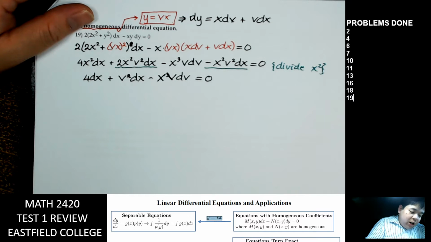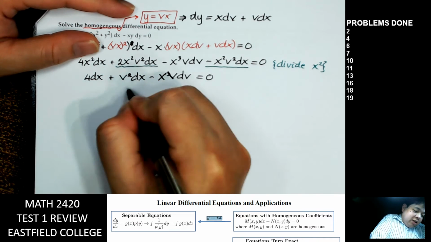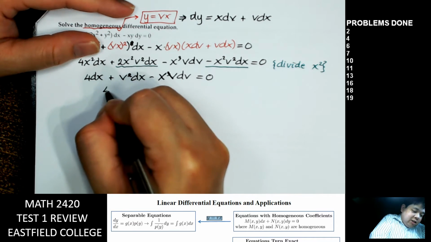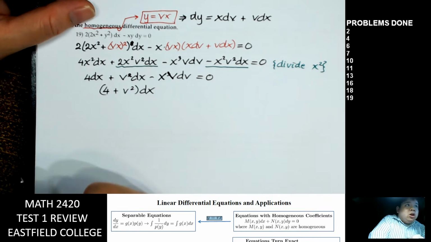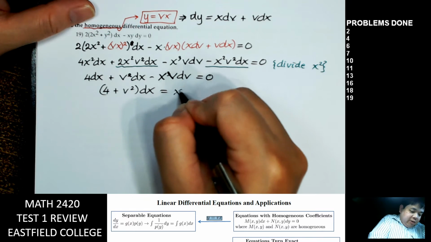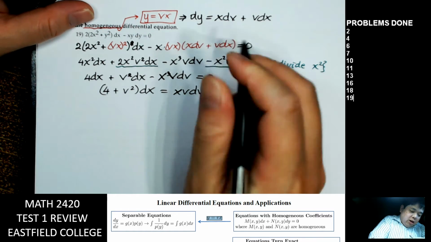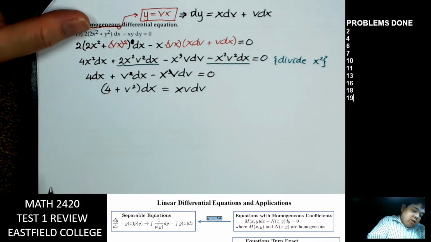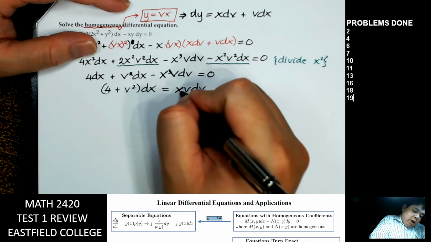Keep the v on one side, the x on the other side, so I move this to the other side and factor out the dx. So we have that, and then xv dv to the other side, divide by 4 plus v squared on both sides, and move the x over.